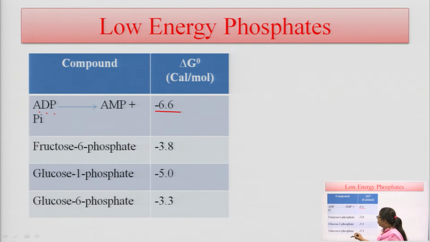Fructose 6 phosphate, an intermediate of carbohydrate metabolism, gives 3.8 per mole on hydrolysis.